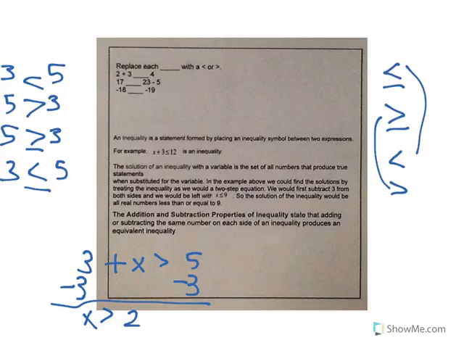And one thing that sometimes is a little bit difficult to understand is that any solution that's greater than 2, 2.1 is a solution to this inequality. 5 million is a solution to this inequality. So a lot of times in inequalities, there's an infinite amount of solutions. That's important to keep in mind, because otherwise you won't have the full range of solutions. Because you're not solving an equation, you're solving an inequality.